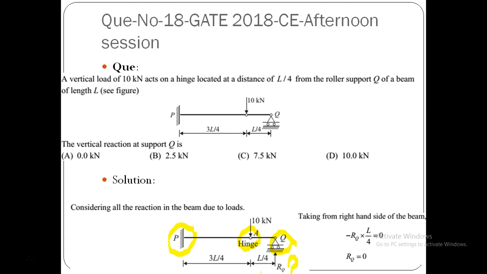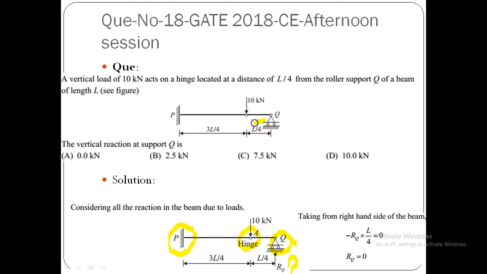So taking from the right hand side of the beam, and taking the moment at A equal to 0, counterclockwise moment will be negative, and that is the reason a negative sign is considered: minus RQ multiplied by the distance L by 4.